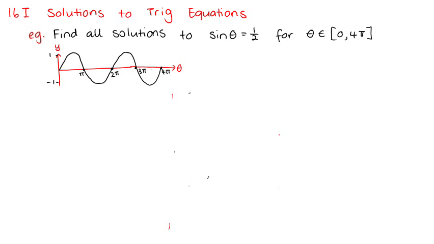Okay, so when the question is saying sine theta equals 1/2, what we're actually looking for is what is sine, the y or the x value? The y value, yeah. So we're looking for a y value of 1/2, which is here. Y equals 1/2 on the graph.